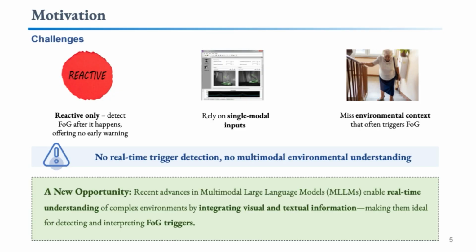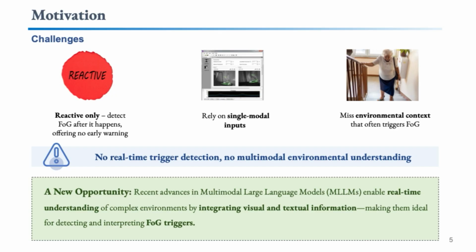However, current advances in multimodal large language models provide us a new opportunity. Multimodal LLMs are excellent in interpreting complex scenarios by integrating visual and textual information together. This is exactly what we need for understanding the environmental context that contributes to FOG episodes.